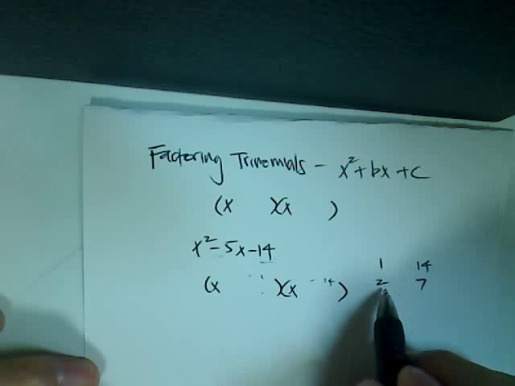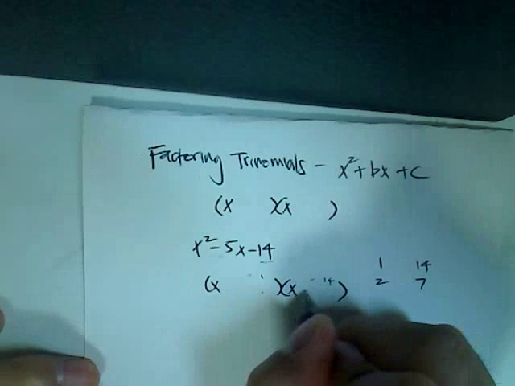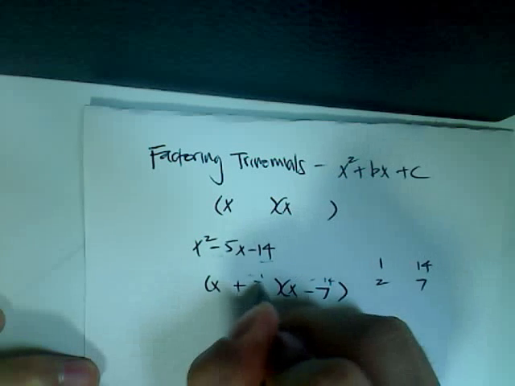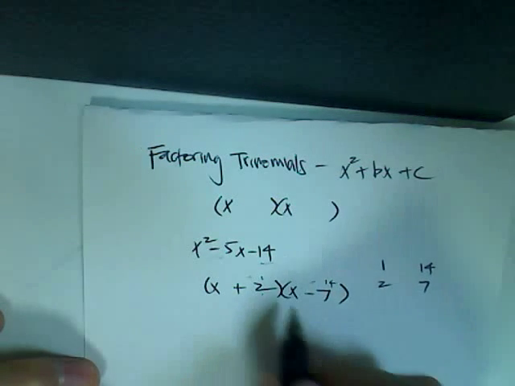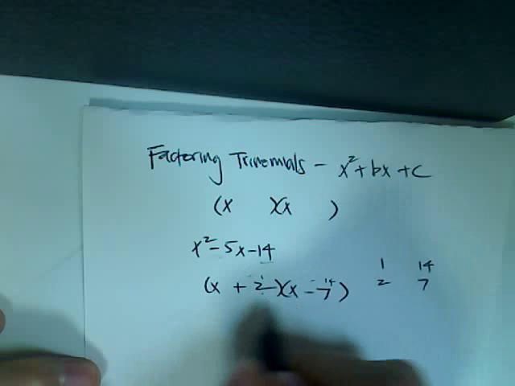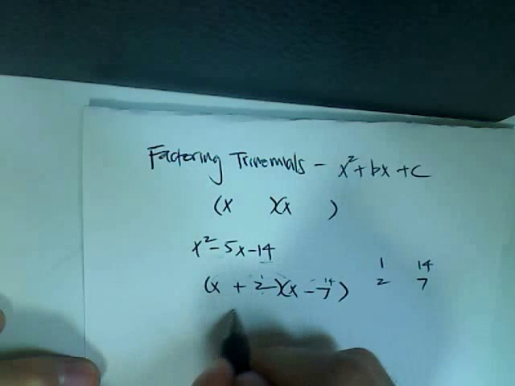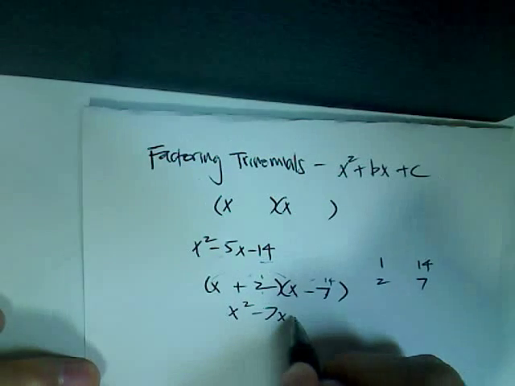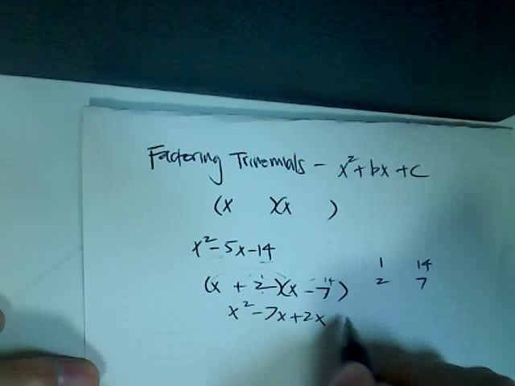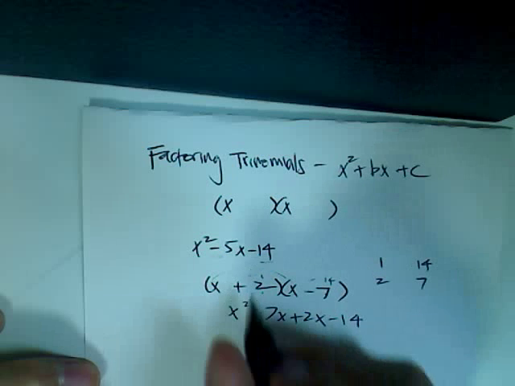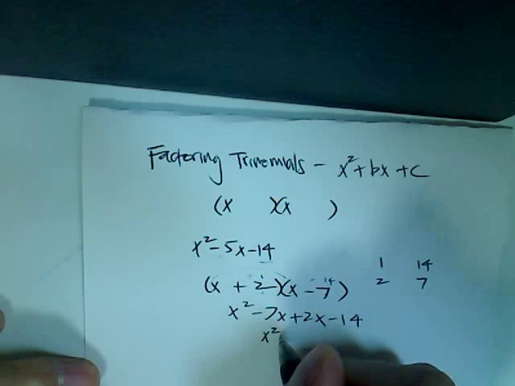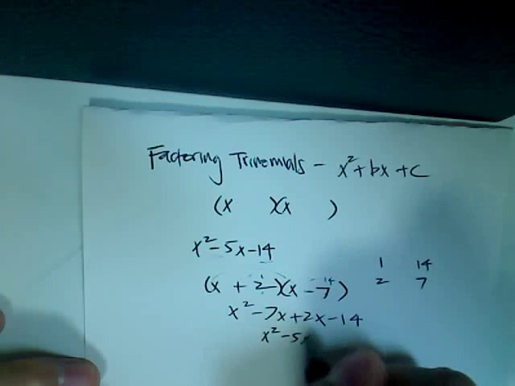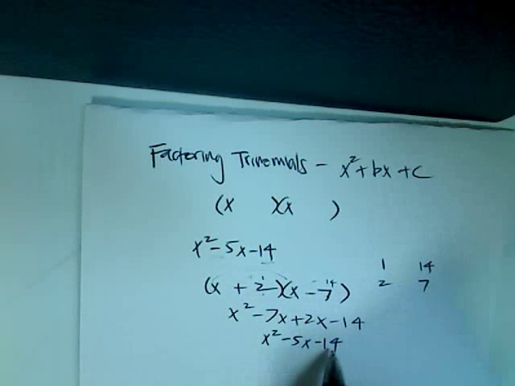So let's try our next numbers, which are negative 7 and positive 2. When you finish the FOIL problem, you have x squared minus 7x plus 2x minus 14. And when you simplify this, you have x squared minus 5x minus 14.